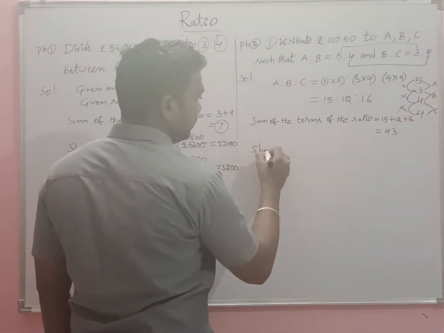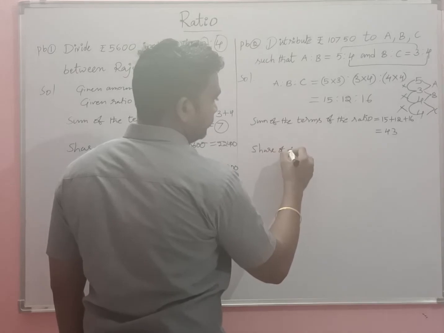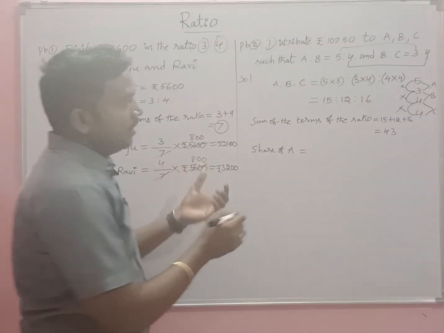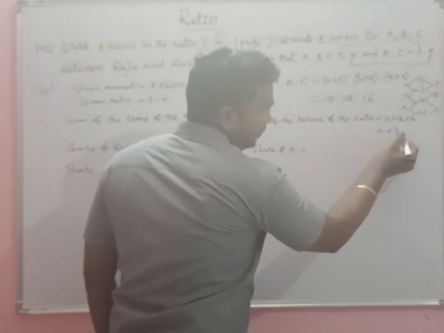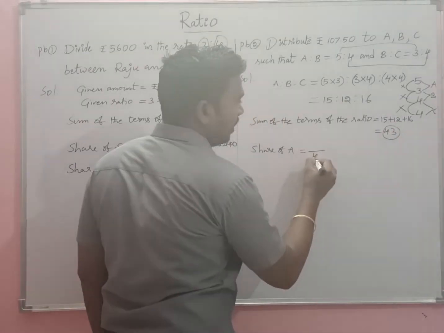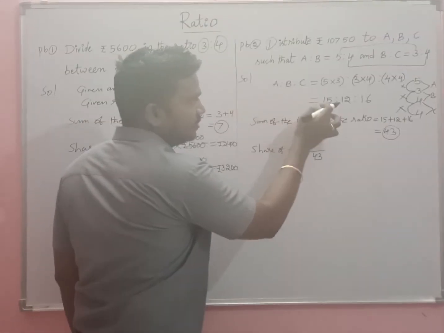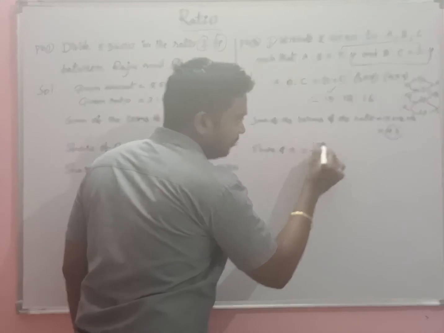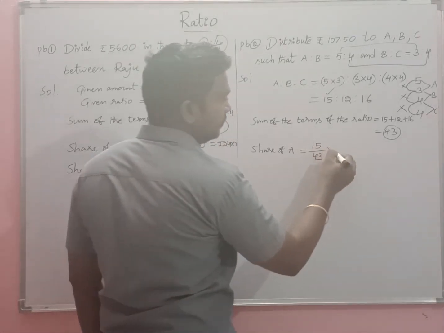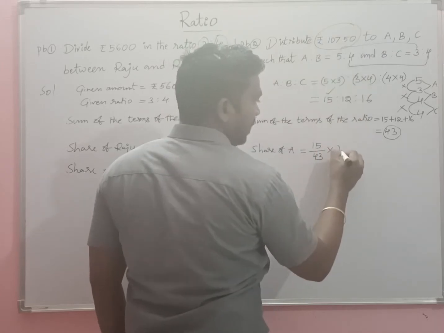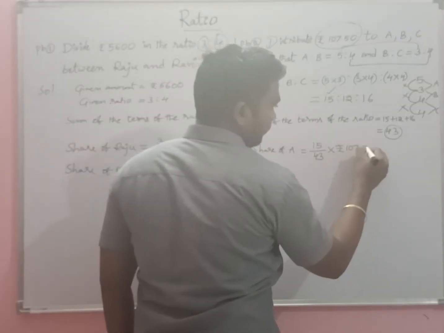Now, share of A. Out of these total 43 parts, A has 15 parts. So we have to write the fraction like this, 15 by 43 into the total amount, 107 rupees 50 paisa.